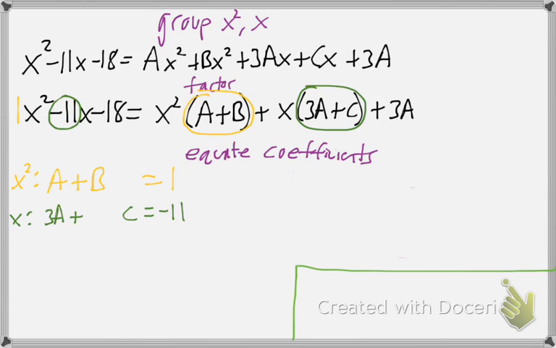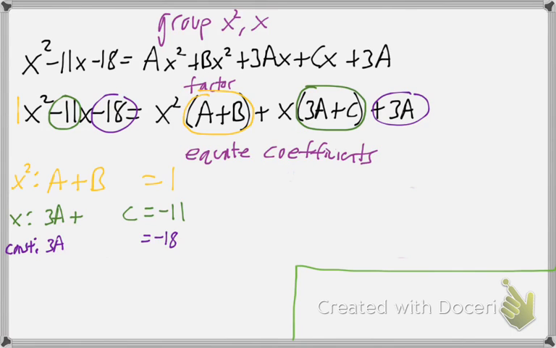And then lastly, I have a 3A and a negative 18. So my constant equation is 3A is equal to negative 18.